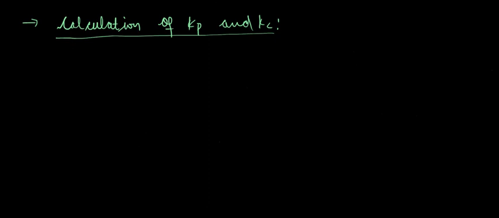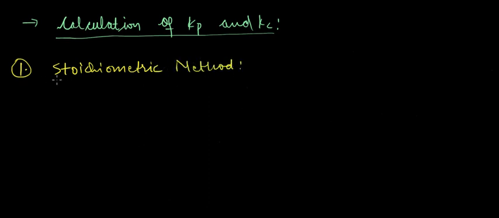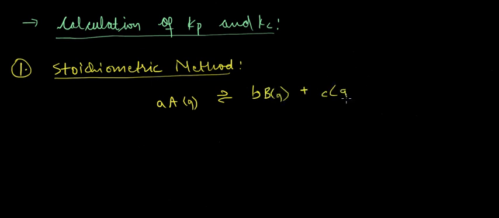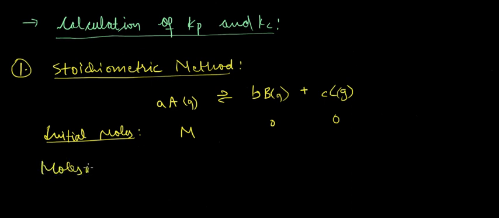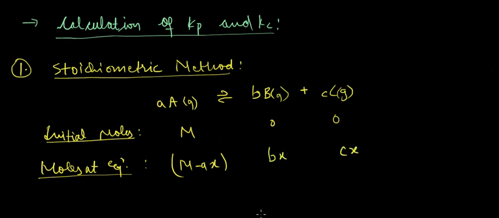Okay. And we'll be seeing first a stoichiometric method, wherein we'll be using a simple equation to convert a compound A into two compounds B and C, and we'll be taking initial moles of this compound as M, and they are not present initially, and moles at equilibrium we'll be taking M minus aX, bX formed here and cX formed here.